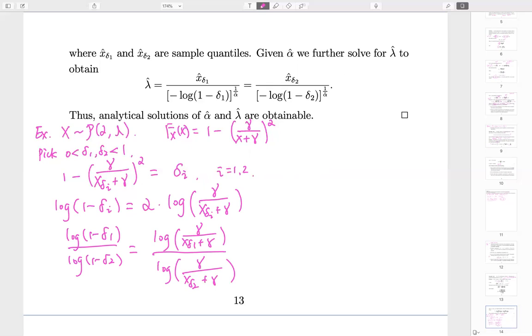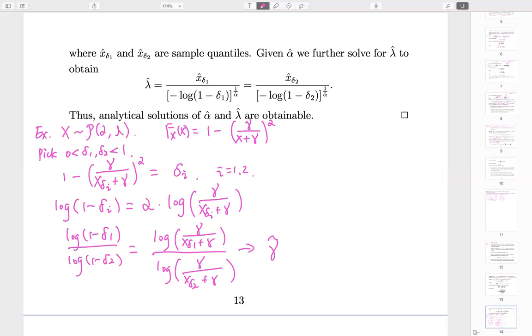This is an equation of one unknown, gamma, but I wouldn't be able to actually solve this explicitly. Of course, with any computer software, you can easily solve this kind of nonlinear equation. For instance, in MATLAB or in R, you can solve this easily. So assume you use some software to solve for gamma hat.